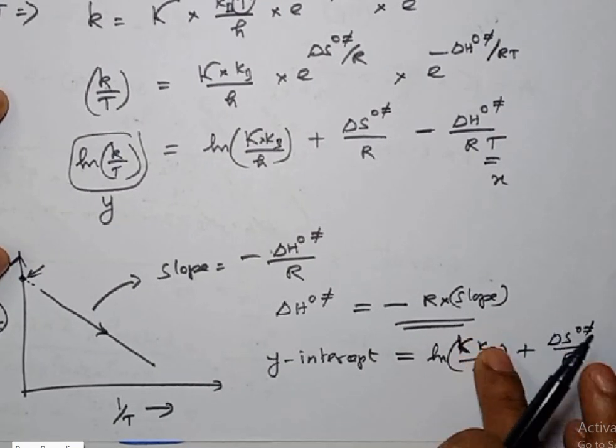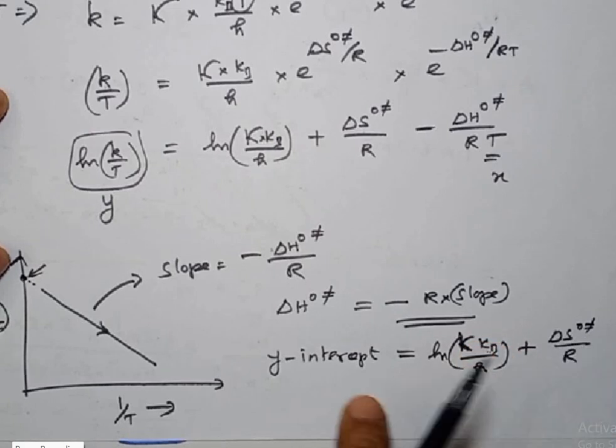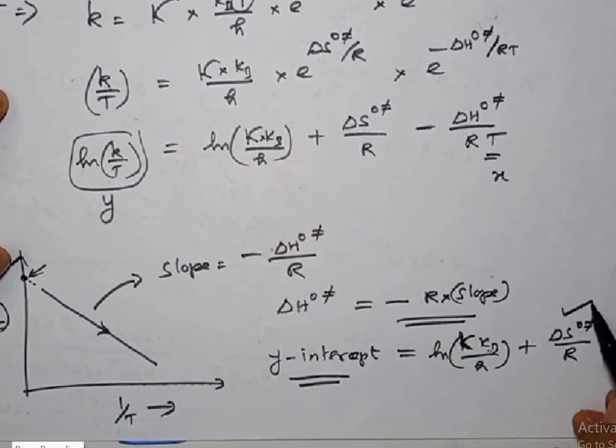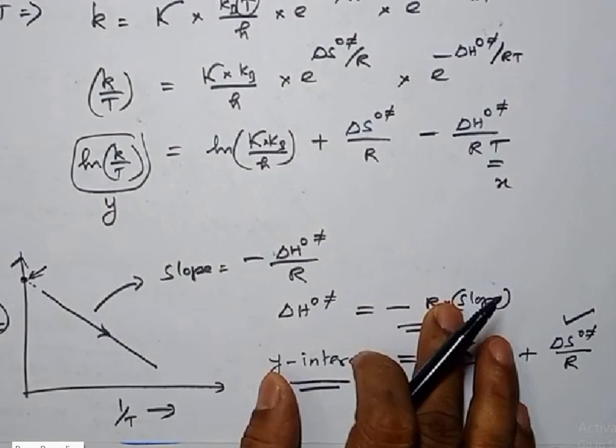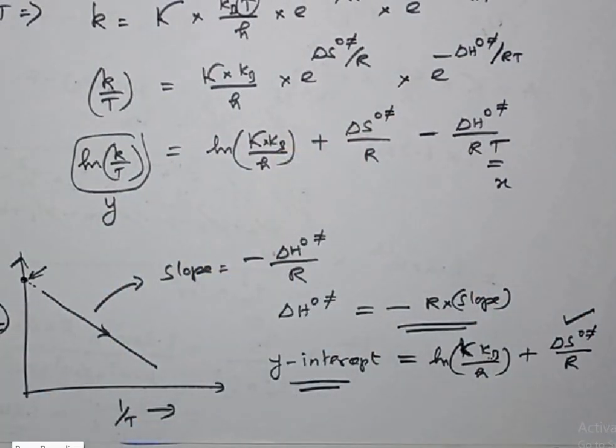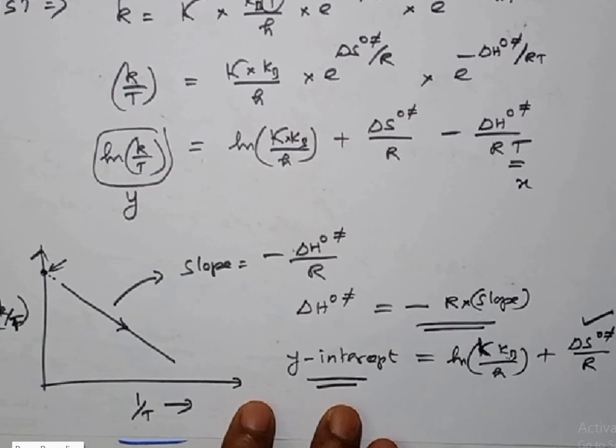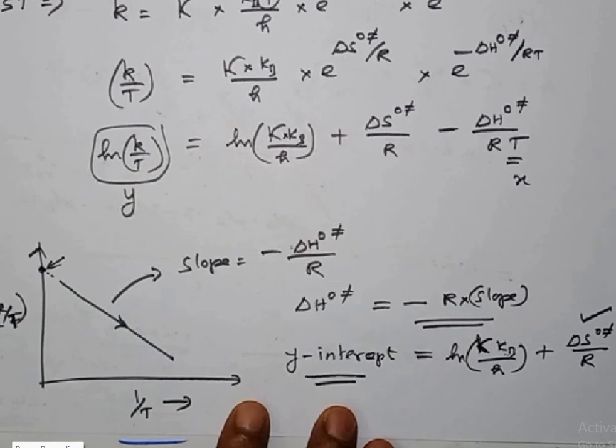If these values are known, then from the y-intercept, we can calculate delta S naught double dagger. So, delta H naught double dagger and delta S naught double dagger, these two can be determined experimentally using this idea. Take note.